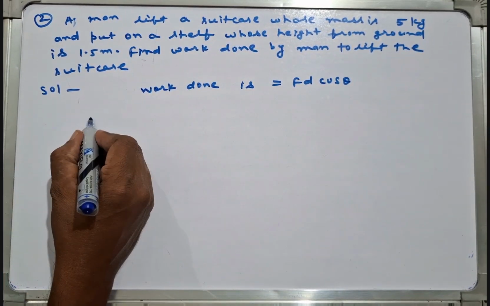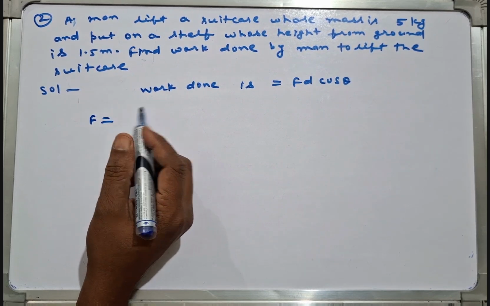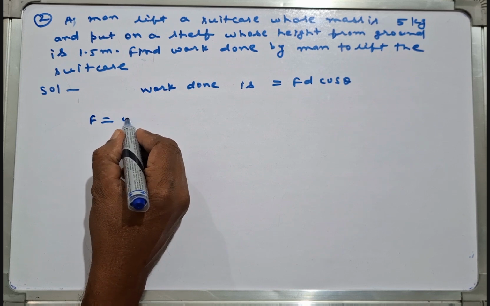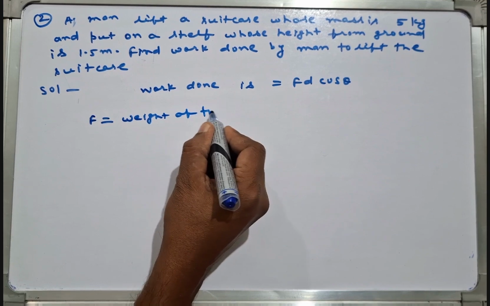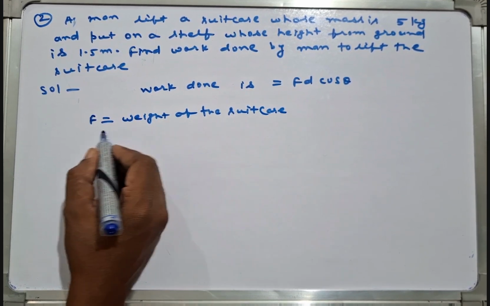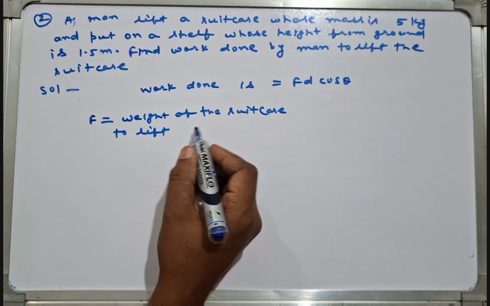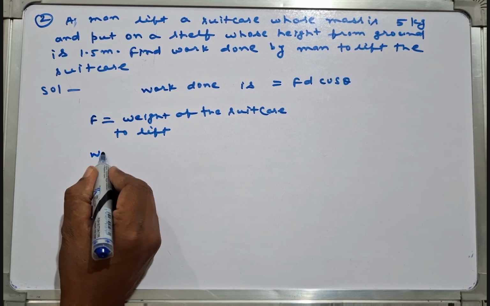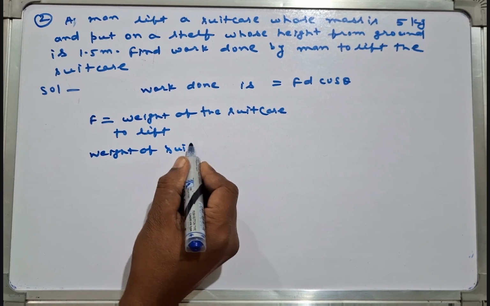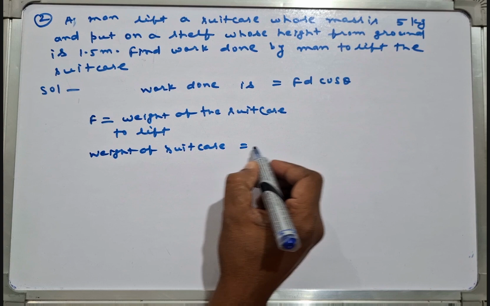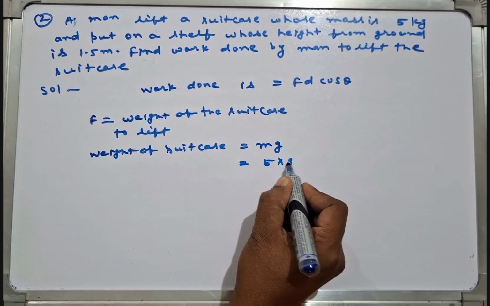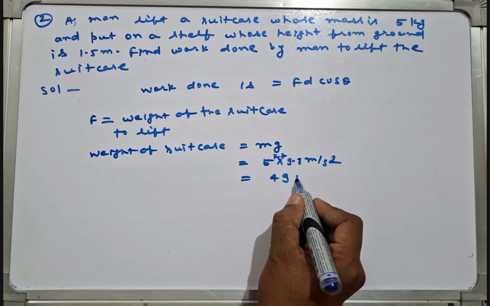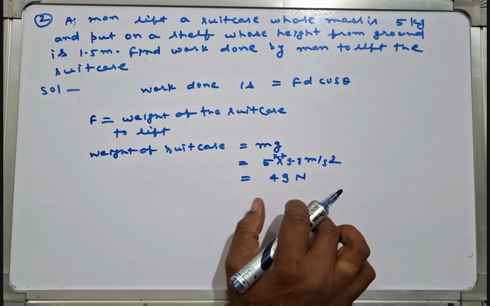Okay, guys, here the force the person applies on the suitcase is equal and opposite to the weight of the suitcase to lift it. So the weight of the suitcase is mg, where m is 5 kg and g is 9.8 meter per second square, so 49 Newton he will apply on the suitcase.